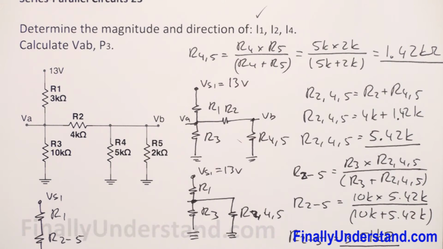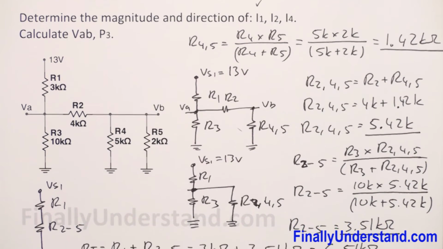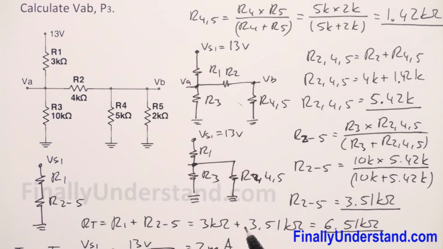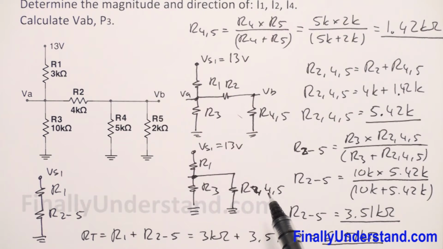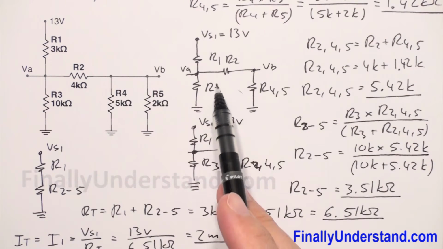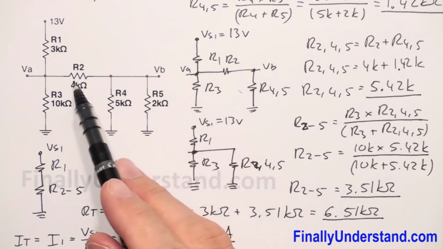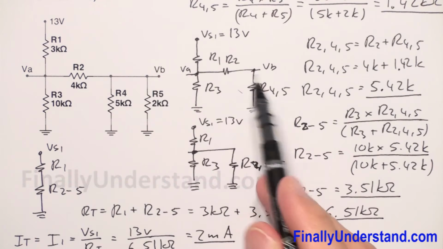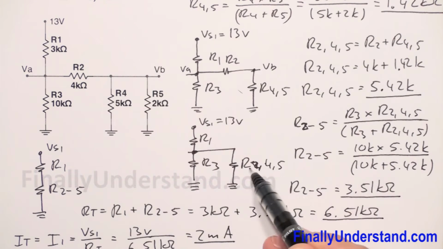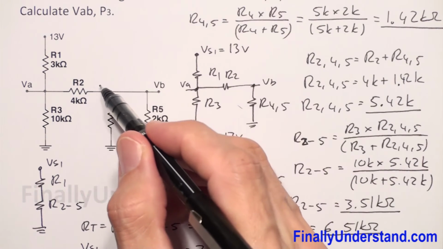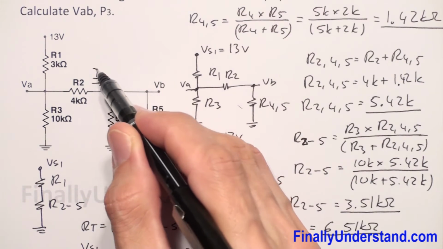Next, I'm supposed to find I2. I have to find the current which goes through resistor R2. Just take a look at the circuit which I have over here. This is this current, and this is the same current which goes through this resistor. This is current I2.